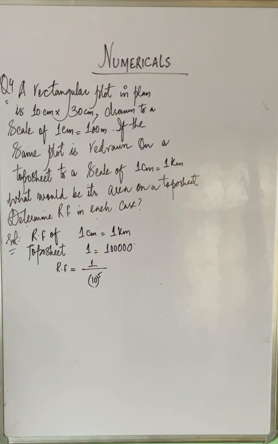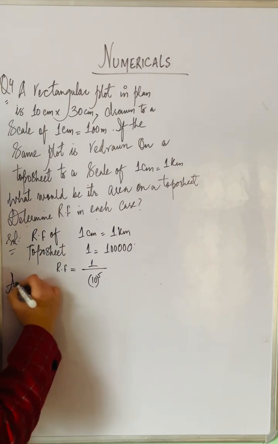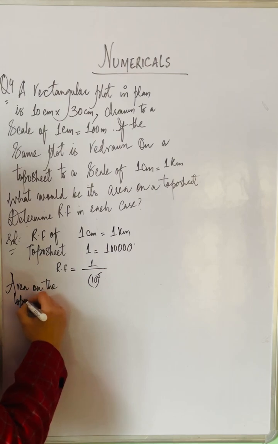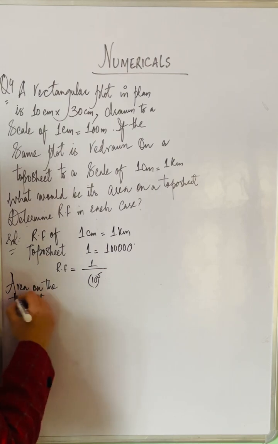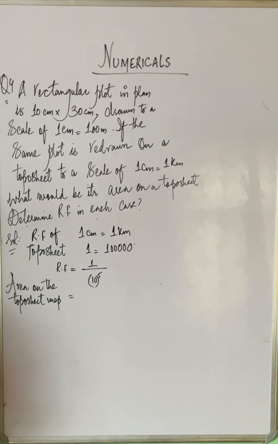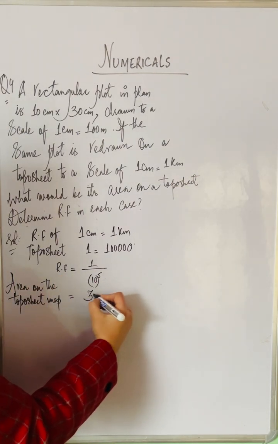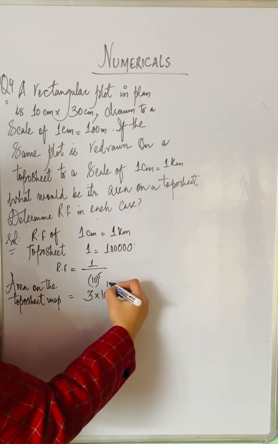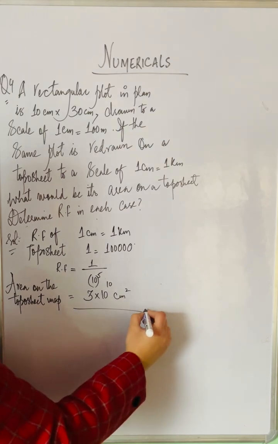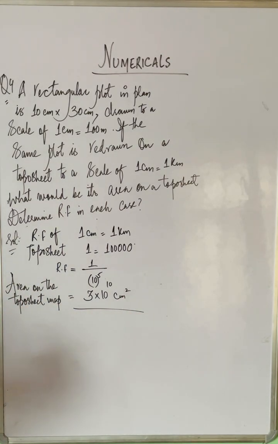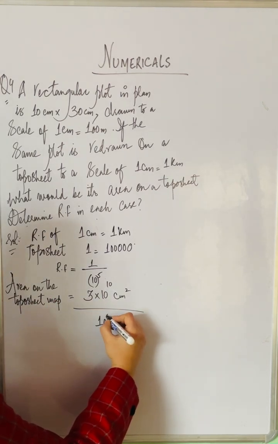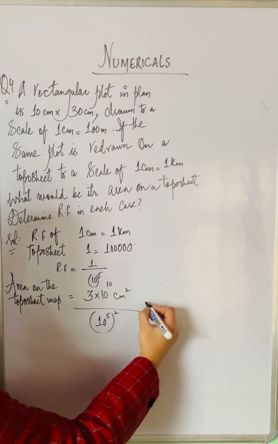So its area on the topo sheet map will be the area on the ground, which was calculated as 3 into 10 raised to the power 10 square centimeters, multiplied by the square of the representative fraction for the topo sheet, right?